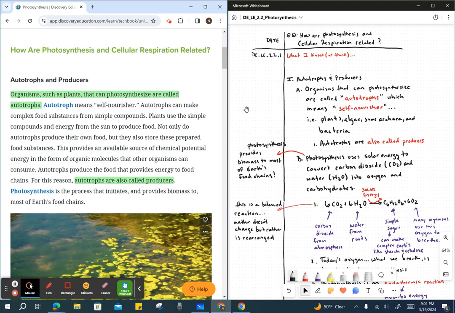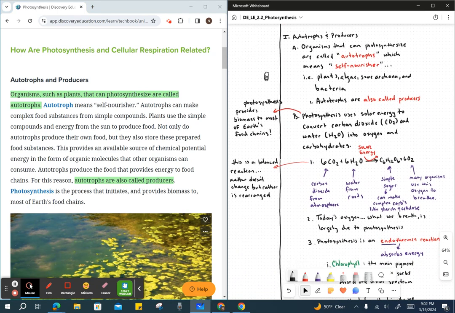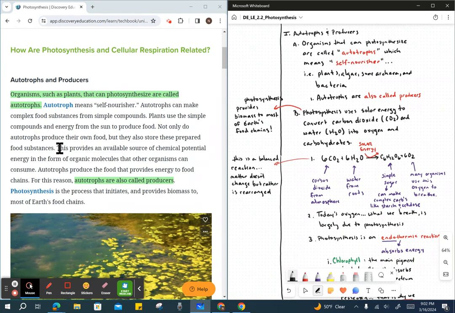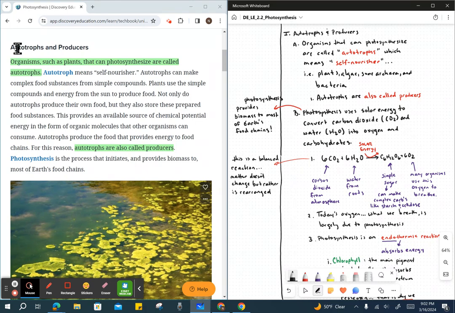Okay, well, hopefully you wrote down something that you knew, or at least what you think. If we take a look at the first title here, the first bold print, autotrophs and producers, that's going to be Roman numeral 1. And we're just going to take from that paragraph organisms that photosynthesize.